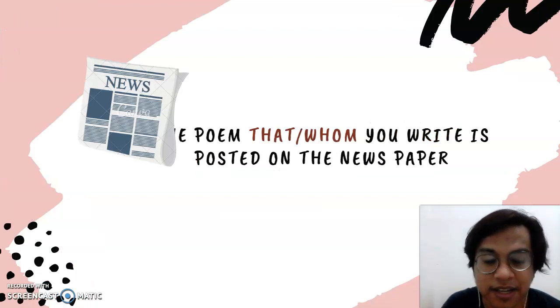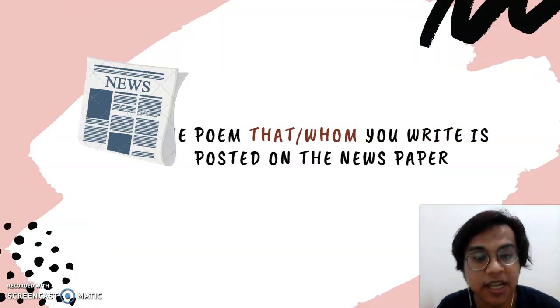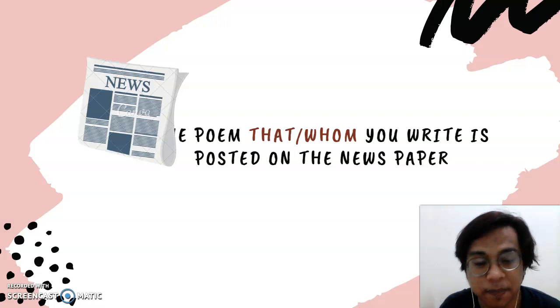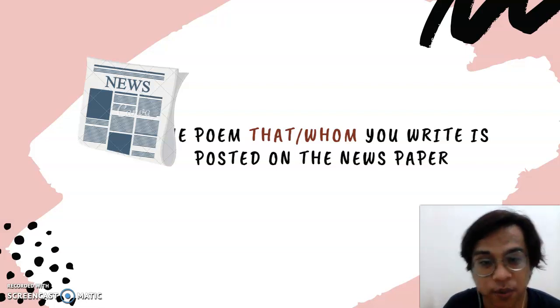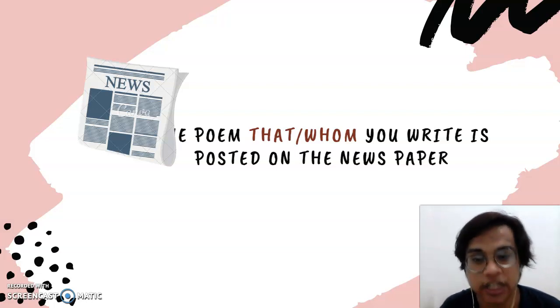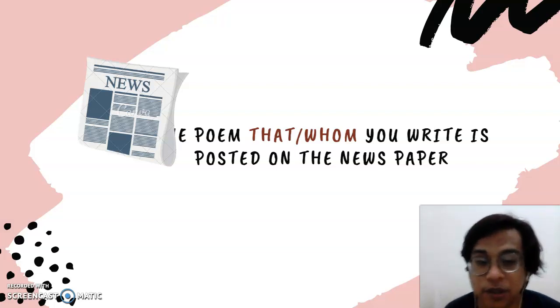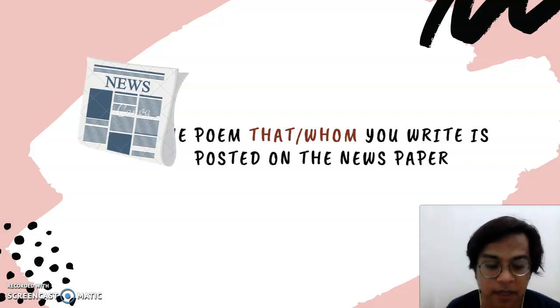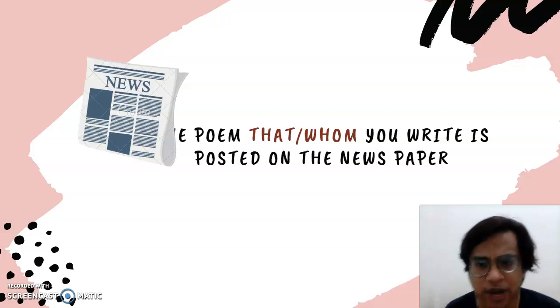The second example is the poem. The options for the answer are that or whom. The poem that or whom you write is posted on the newspaper. So what do you think the answer is? The correct answer is that. Why? Because the poem that you write is posted on the newspaper.